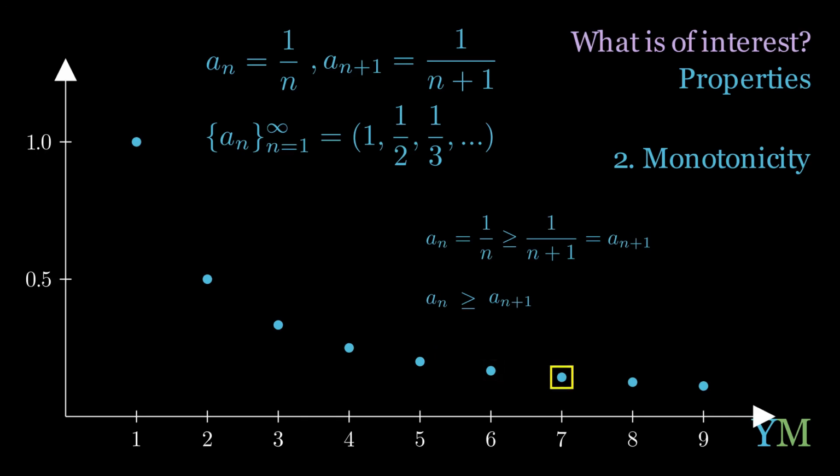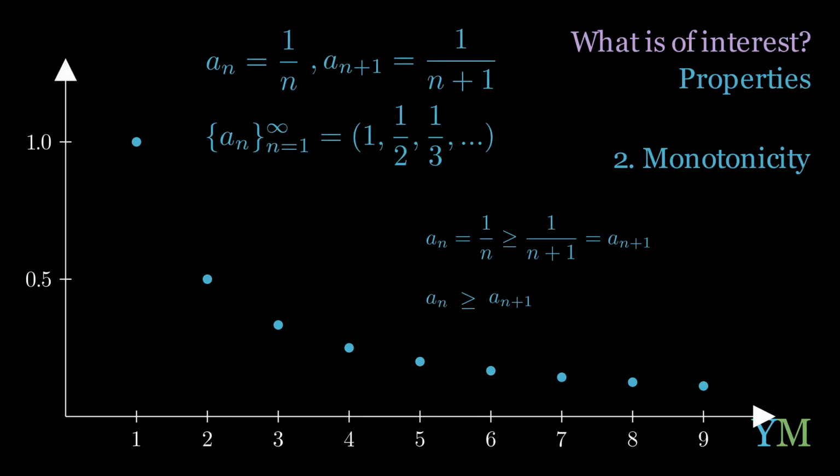And if we understand that a_n represents the general element and a_(n+1) the following element, basically what we get is that always the following element is smaller or equal to the previous one. And we can see it. 1, half, third, quarter, fifth, and so on. Now what we did here, we gave a mathematical proof that this sequence is decreasing. And that is the idea behind monotonicity, whether our sequence is increasing or decreasing.